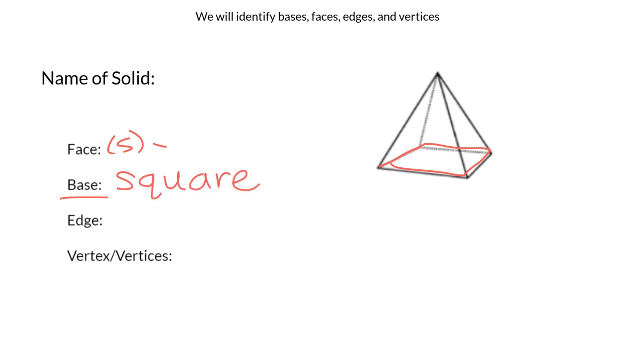Then I also noticed that all of the faces other than the base are triangular, and they come together to meet at one vertex. That means that if this were a square prism, well, we'd call that a cube, or a rectangular prism, there would also be an opposite rectangular face that would be the same as the base up here, and there is not. So that helps us name this as a pyramid.